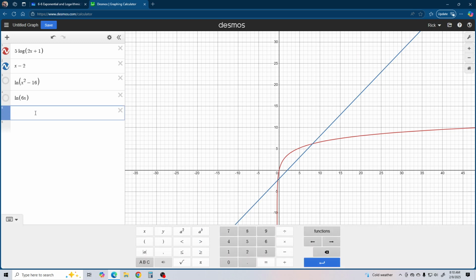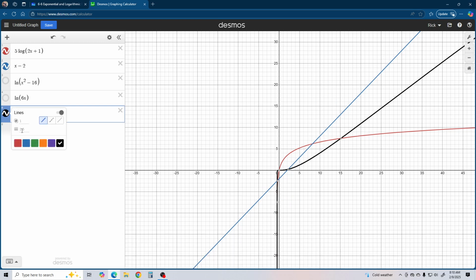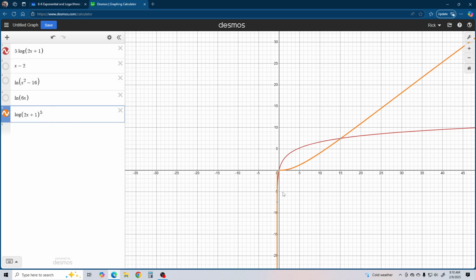Actually, let me just show you this real quick. If I have log of 2x plus 1 to the 5th, let's compare the red to the orange, whatever, it doesn't matter. Do you see how much different these are? Do you see how the graph does really weird things?